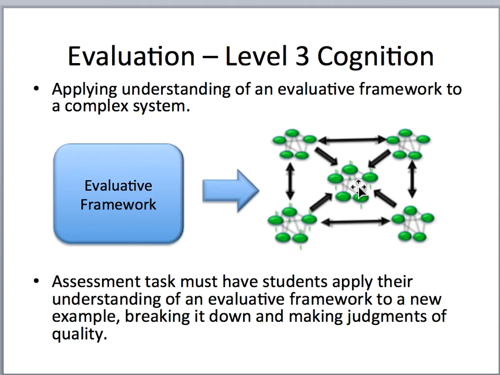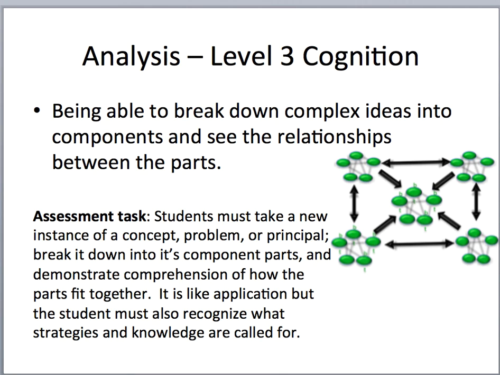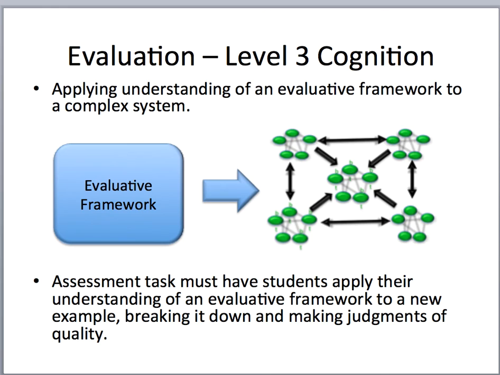Okay, so whether you're teaching math, science, social studies, business, art, language arts, anything, right? I want you to come up with a unit that has as its overall goal, the overall point of everything, one of these levels of cognition.